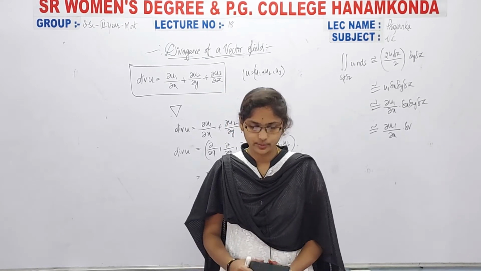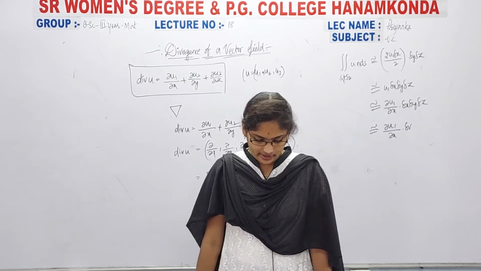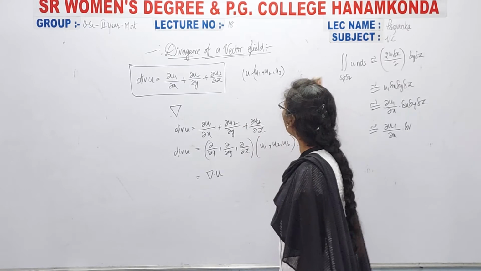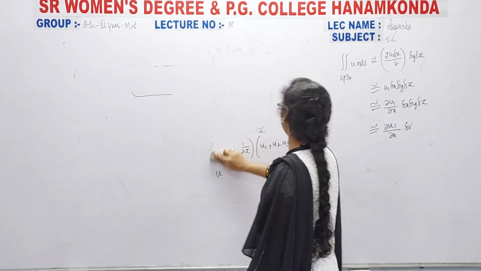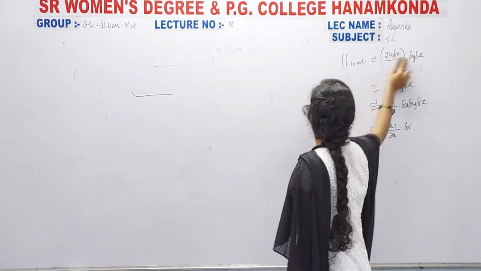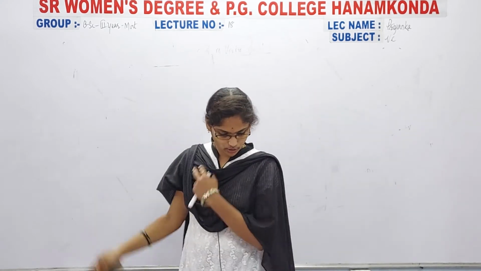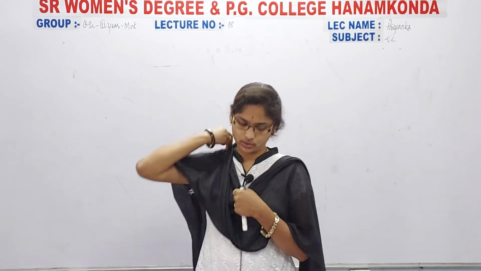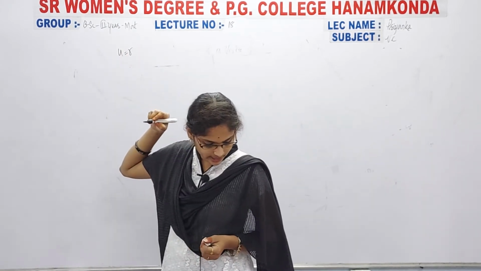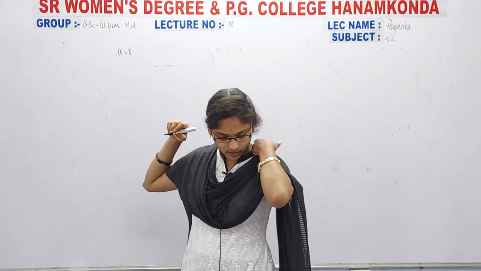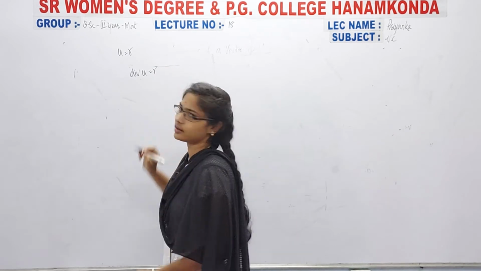Okay, next write down the problem. Find the divergence of the vector field u equal to r. So we have to find the divergence of the vector field u equal to r. That means we have to prove that the divergence of u is equal to some value.